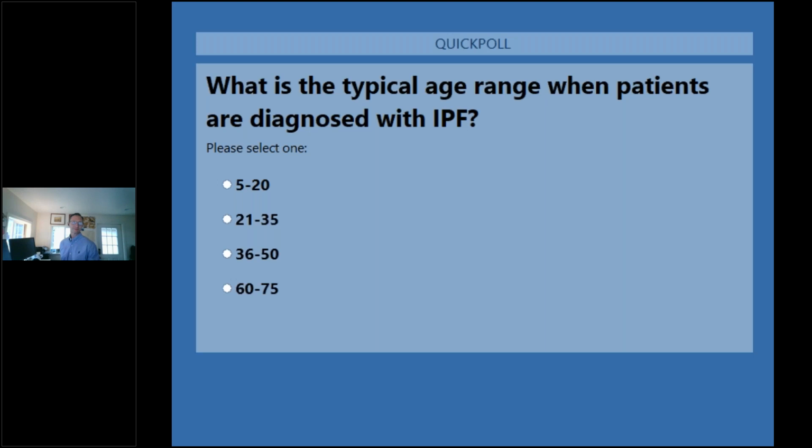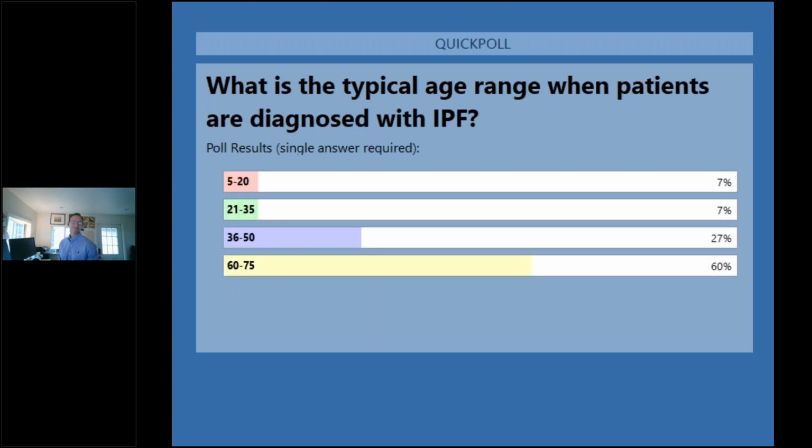All right, I'm going to go ahead and close the poll. So it looks like most of you said 60 to 75. And in fact, that is, I think, where the majority of the patients are in that age range, although, of course, some younger as well are diagnosed with IPF.